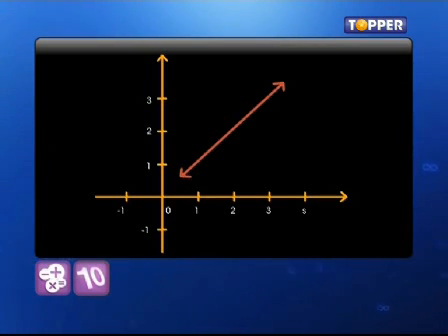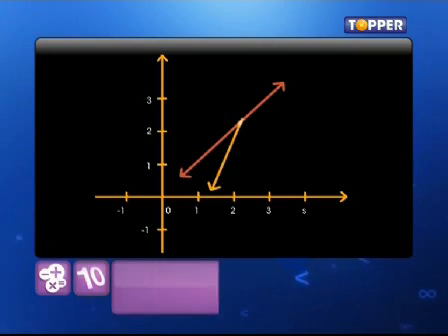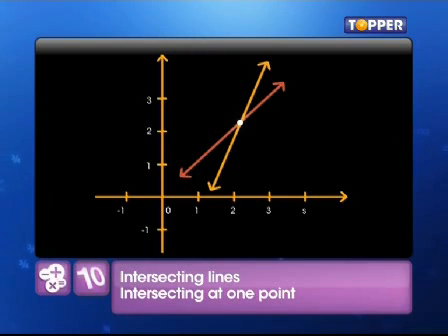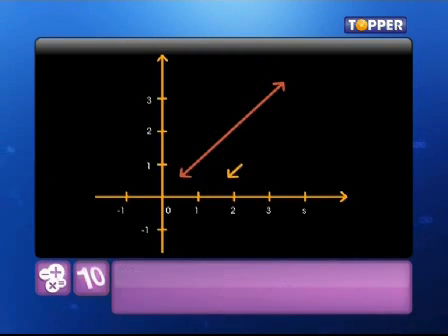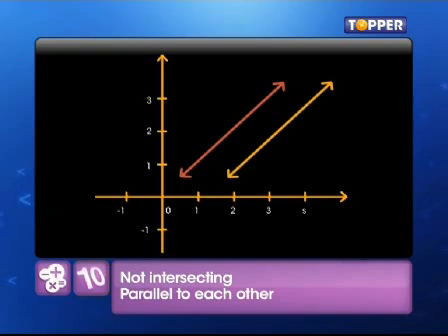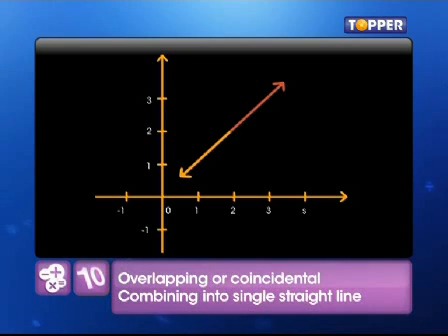The first condition would be they might intersect in one point, or they might not intersect at all. They might be parallel lines, in which case they will never ever intersect. Or the third possible condition is they are overlapping or coincidental lines. That is, they combine together into a single straight line. Today we will deal with all these lines and pairs.